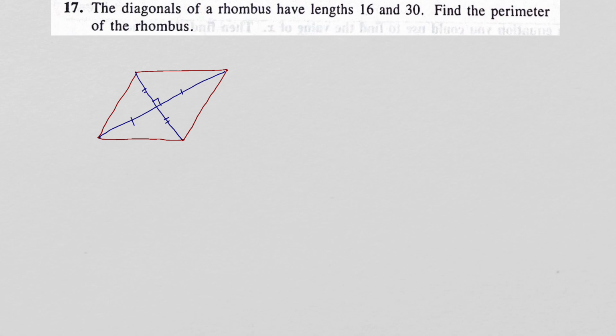Okay, so if the diagonals have lengths 16 and 30, then this must be 16, so this must be 8. And if this is 30, then this must be 15. And in order to find this side here, we'll call that x. 8 squared plus 15 squared is equal to x squared.